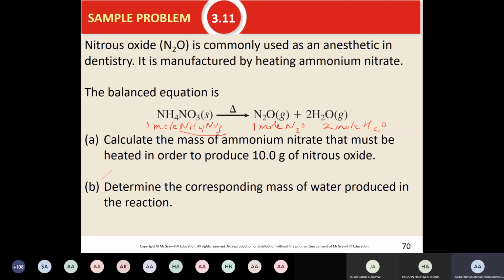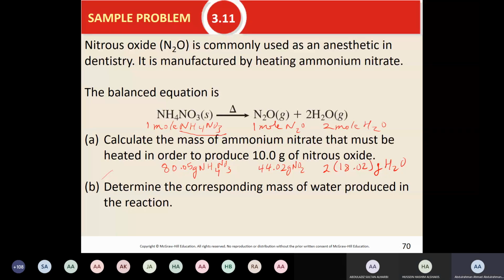Is it 80? Yes, it is. 80.05 gram NH4NO3. Okay, how about N2O? 44.02 gram N2O. Write the whole thing, and water, of course, 2 times 18.02 gram H2O. See, I'm doing this before reading even the question. Is this clear?